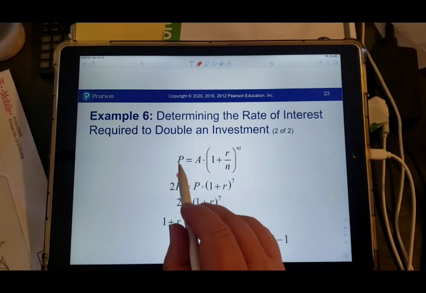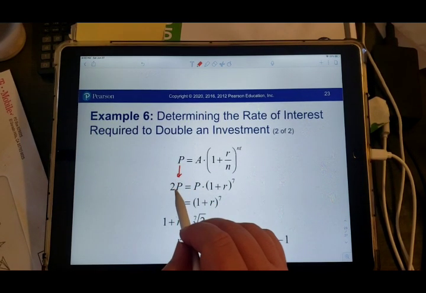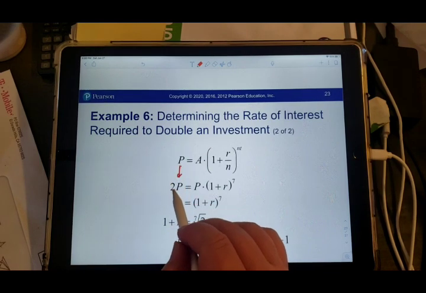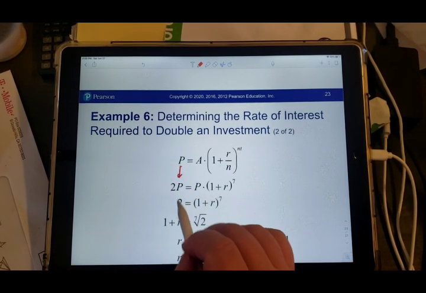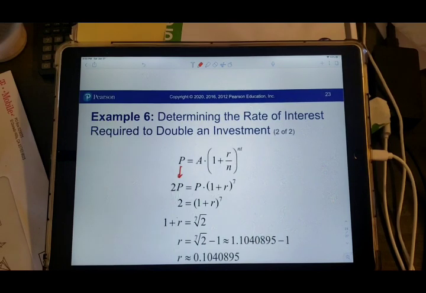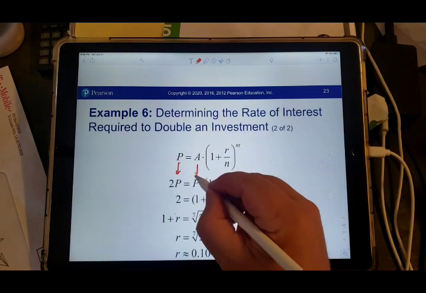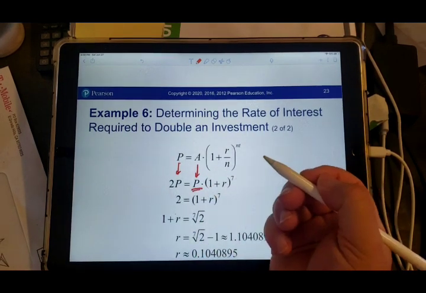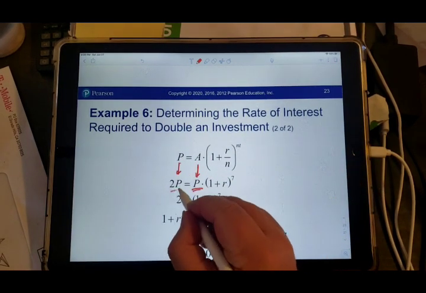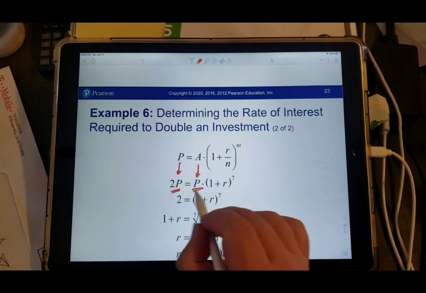the amount is going to double, right? The amount is doubled. So what we're going to do is replace, in this case, A gets replaced with something, P, and P gets replaced with 2P. By the way, you can replace this with anything.